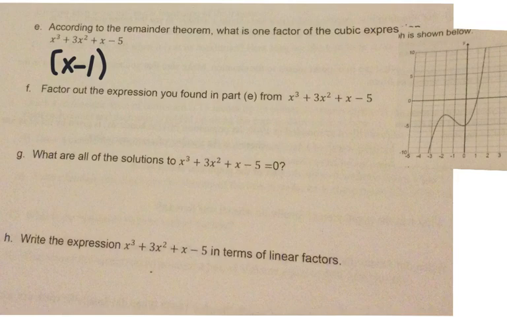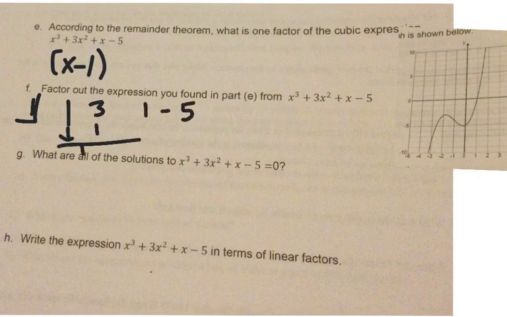All right. F, factor out the expression. We've already done the synthetic division on the last page, so let's just show again how we could do that. It would be 1, 3, 1, negative 5. That gives me 1, 1, 4, 4, 5, 5, 0.